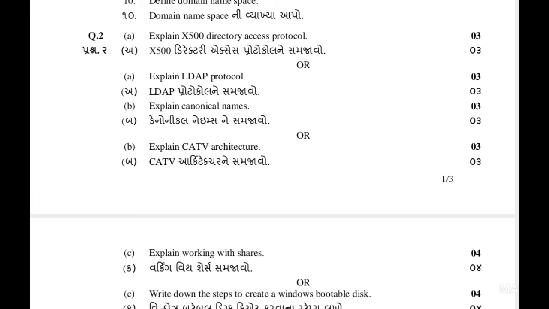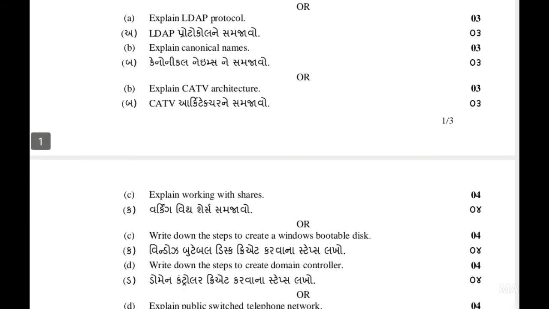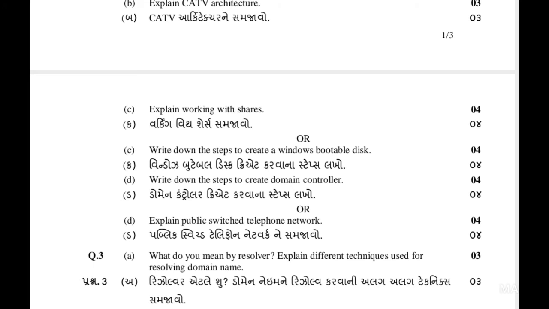Then question 2c is also an OR question, and it carries 4 marks. So 2a is 3 marks and 2b is 3 marks, so 3 and 3 makes 6 marks. Then question c is 4 marks, and question d is also 4 marks. So a and b are 3 marks, and c and d are 4 marks. Here 3 and 3 is 6 marks, and 4 and 4 is 8 marks. So totally question number 2 contains 14 marks.